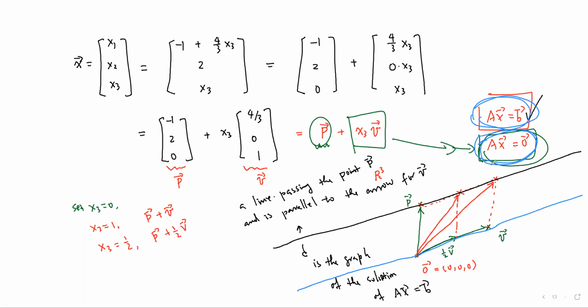The solution of the non-homogeneous linear system is a particular solution of the equation plus a solution of the homogeneous equation. Next class, I will make this observation into a theorem.